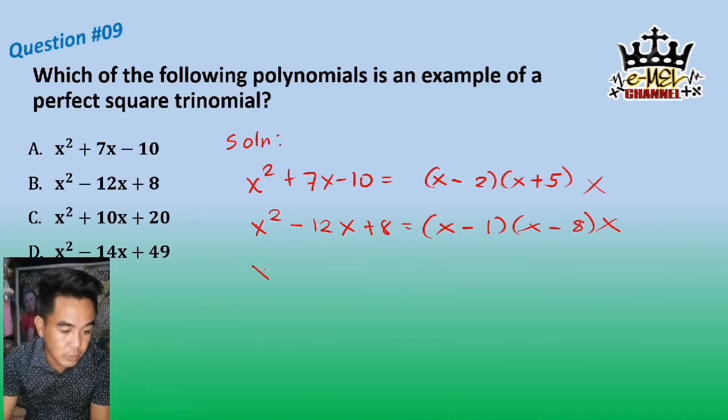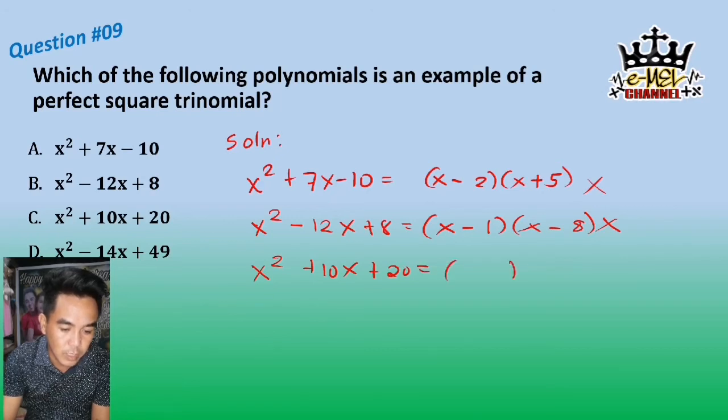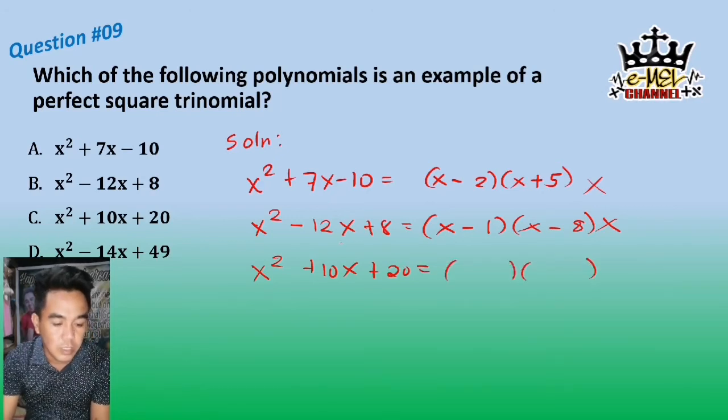Let's move on with the third option, the letter C. So x squared plus 10x plus 20. Okay, let us have these two factors. Now, this is x times x to make it x squared. What are the numbers that we're going to multiply to make it 20? So we have 4 times 5, we have 10 times 2, or 20 times 1.